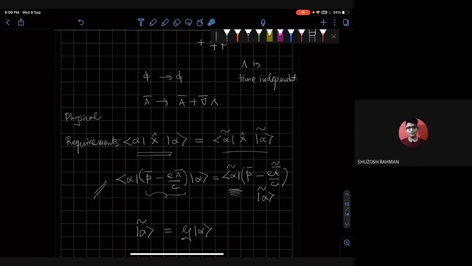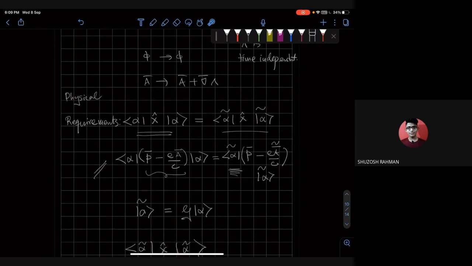But physically, our physical observables in physics are expectation values. So we are going to say the expectation value of the position operator is going to be invariant under gauge transformation. And the expectation value of the kinematic momentum, which is a measurable quantity, a momentum of the particle and the field combined, that is also going to be invariant.